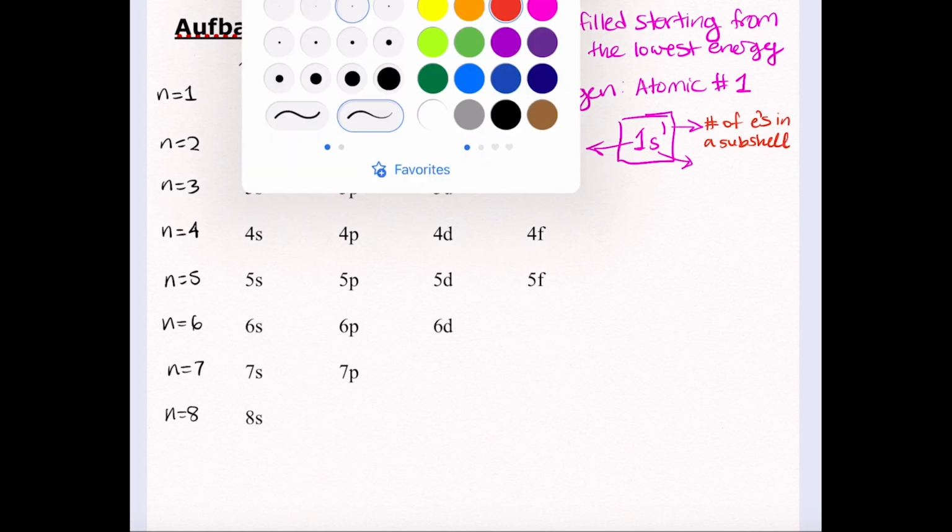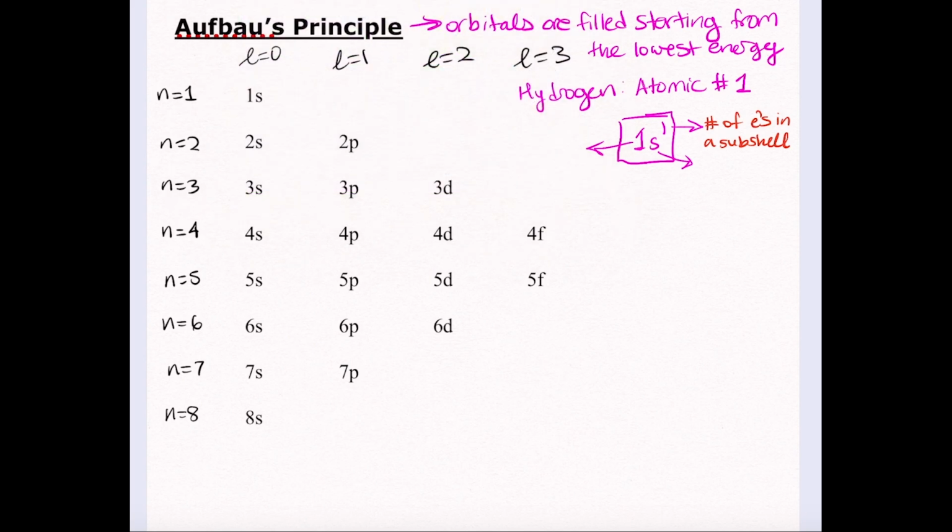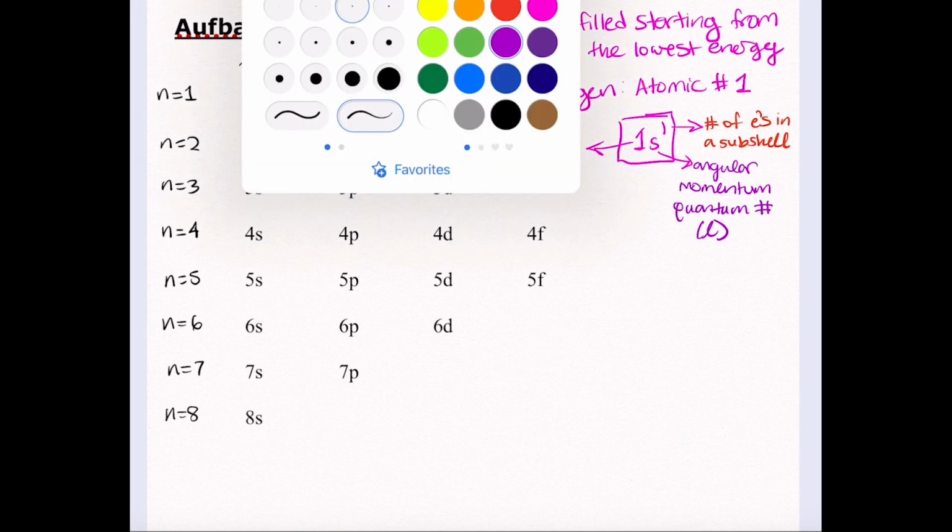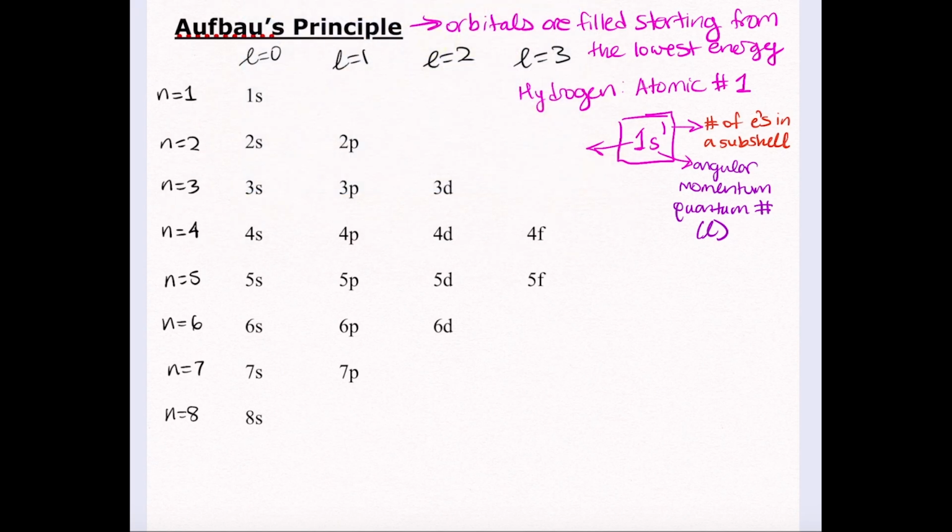The s stands for the angular momentum quantum number L. So I will write that down: angular momentum quantum number L. And this number 1 over here refers to the principal quantum number n. So let me write that down: principal quantum number n.